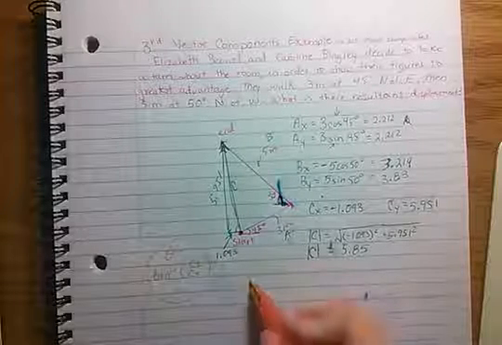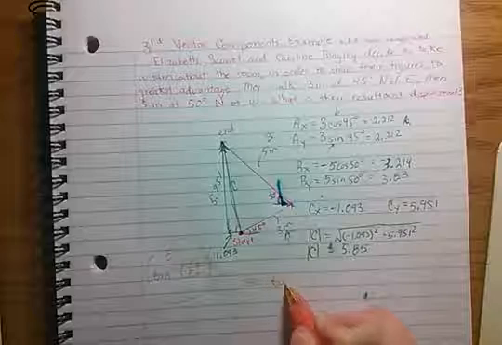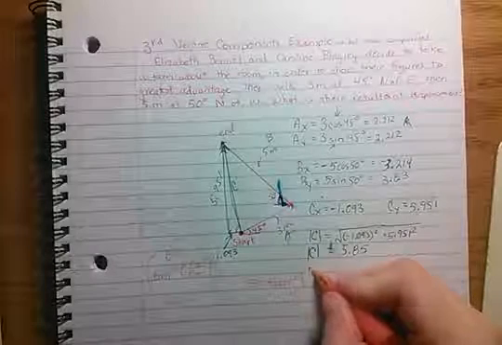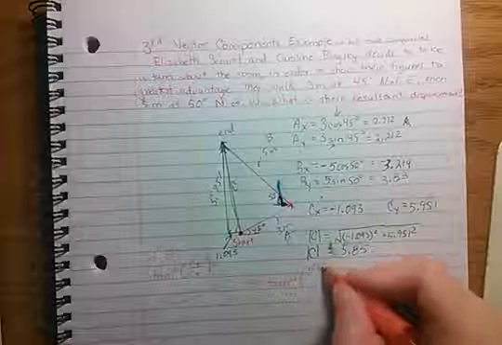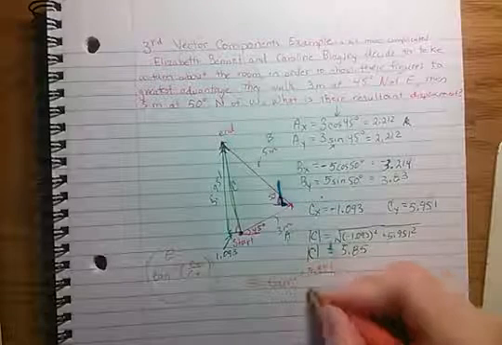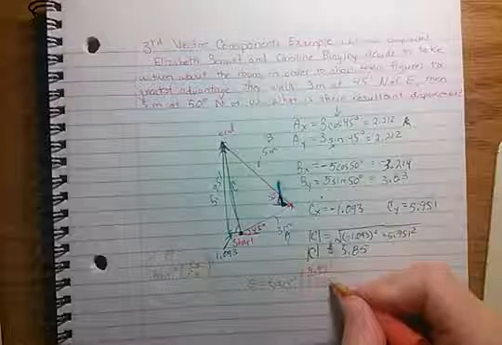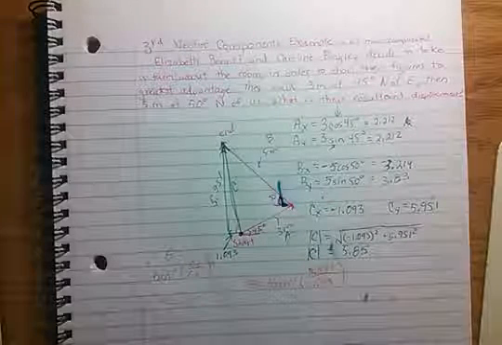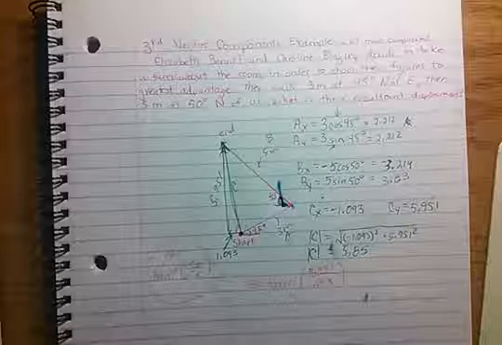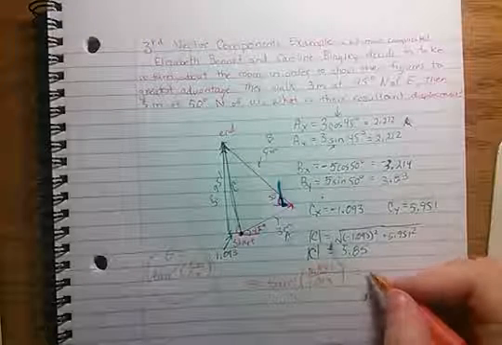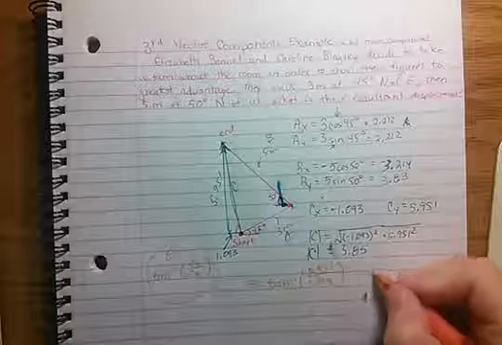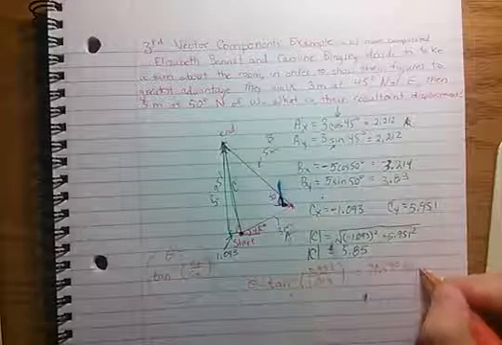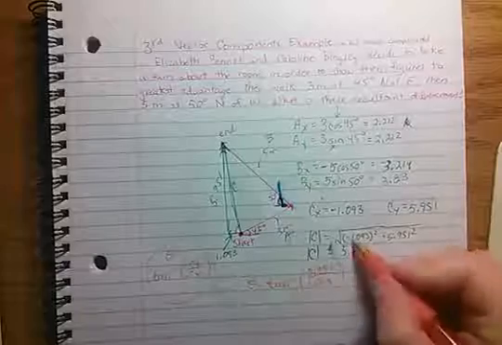So in this case, the angle is going to be equal to the inverse tangent of 5.951 over 1.093. And if you recall, you don't need to put the negative in there because the direction words take care of that. And if you do this correctly, you should get 79.59 degrees north of west.